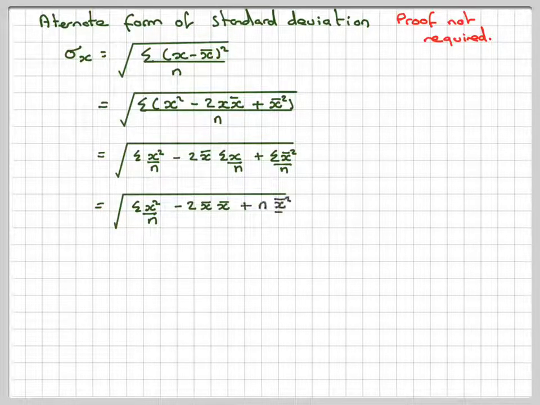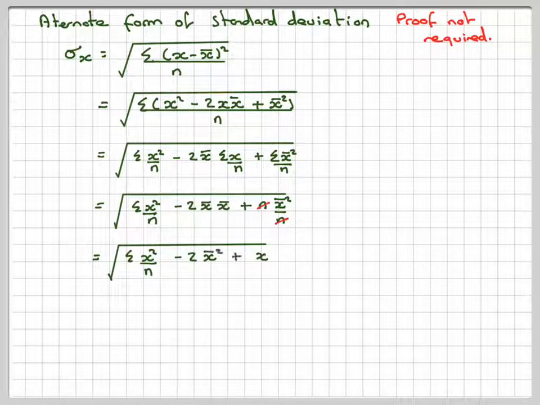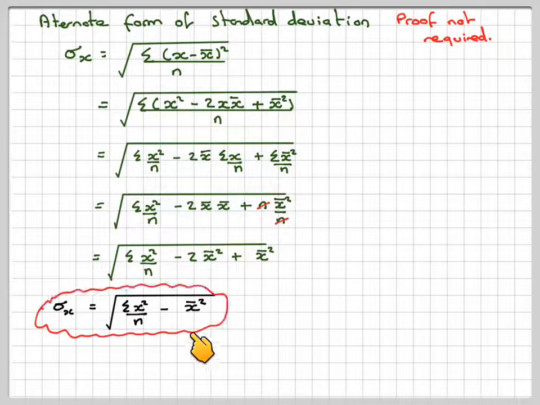So we can just write that as n x bar over n. Obviously the n's cancel out, and therefore we get 2x bar squared, and then plus x bar squared, and we'll end up with this formula, sigma x squared over n minus x bar squared.